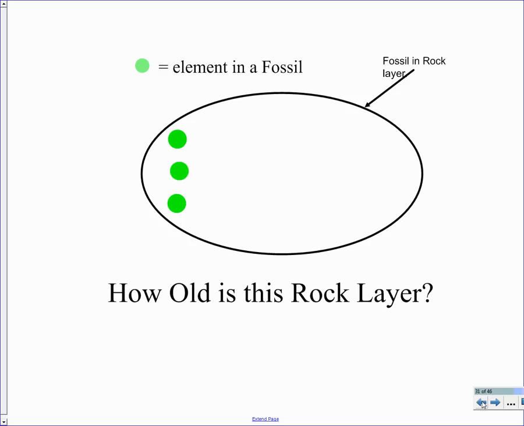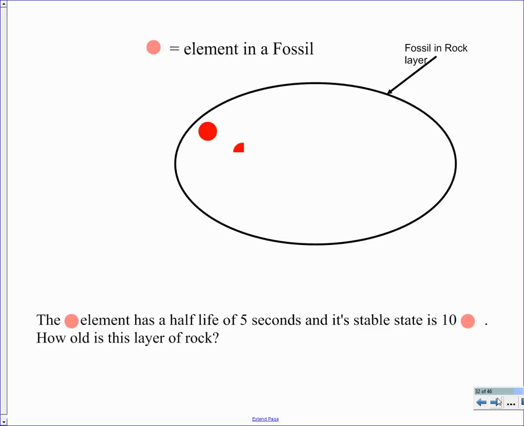But what I do want you to understand is how scientists go ahead and use what it is that they have. If they look at this element here, they would say, okay, after 5 seconds, because it has a half-life of 5 seconds, I should have half back, because they're going backwards.